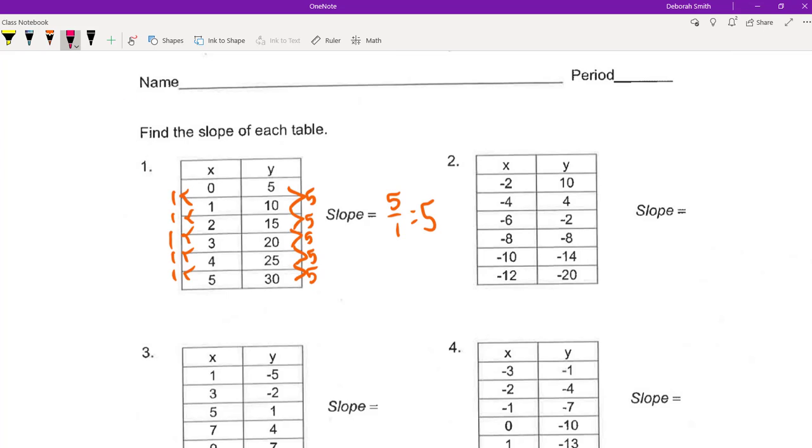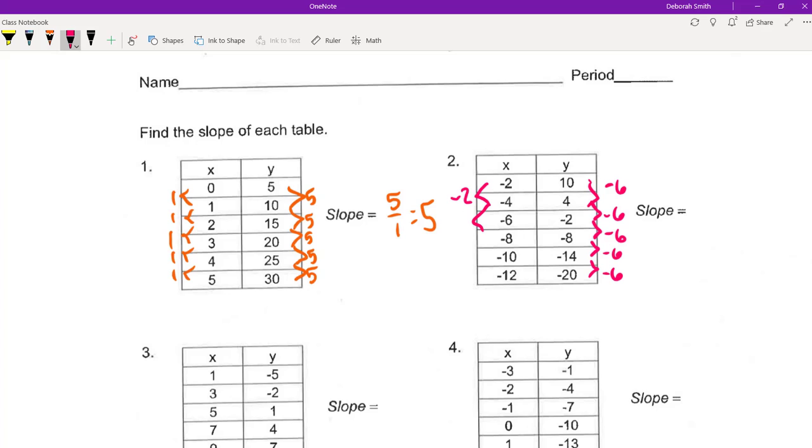Go over to number 2. Here, it's decreasing by 6, decreased by 6, decreased by 6. And then over here, it's decreasing by 2.